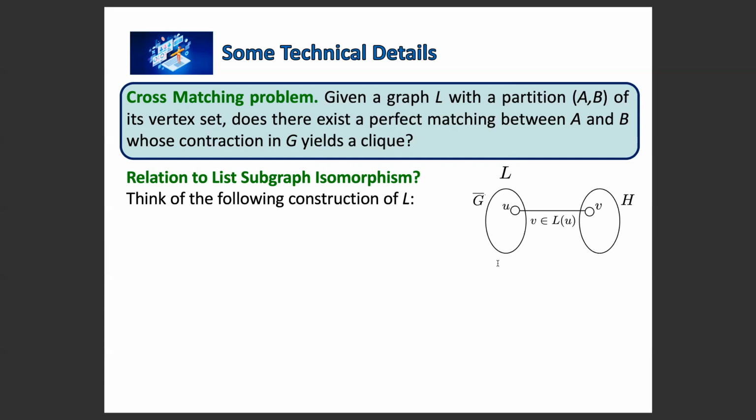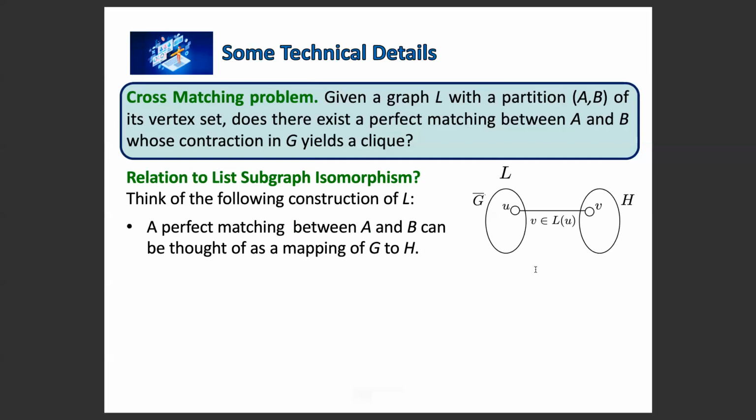On one side, side A, the subgraph induced by A will be just the complement of G. So if there is an edge between two vertices in G, here we don't have this edge, and if there wasn't, then here we have an edge. And the other side will be just H. Now, the crossing edges are defined as follows. We have an edge between u in the complement of G to v in H, if v belongs to the list of u.